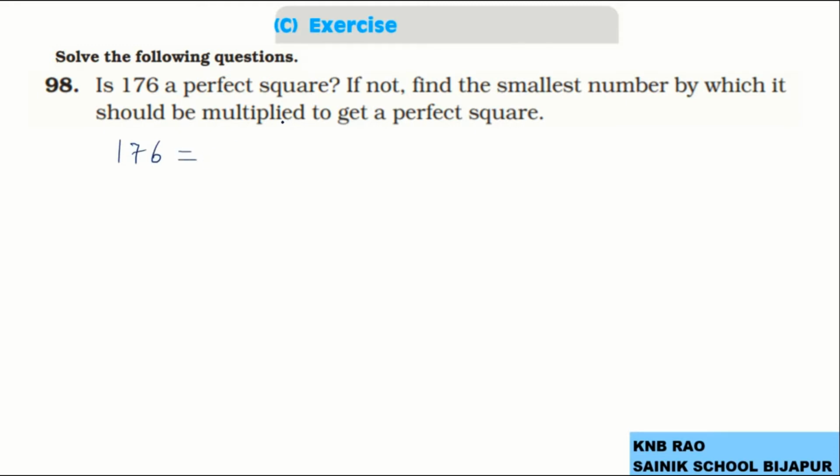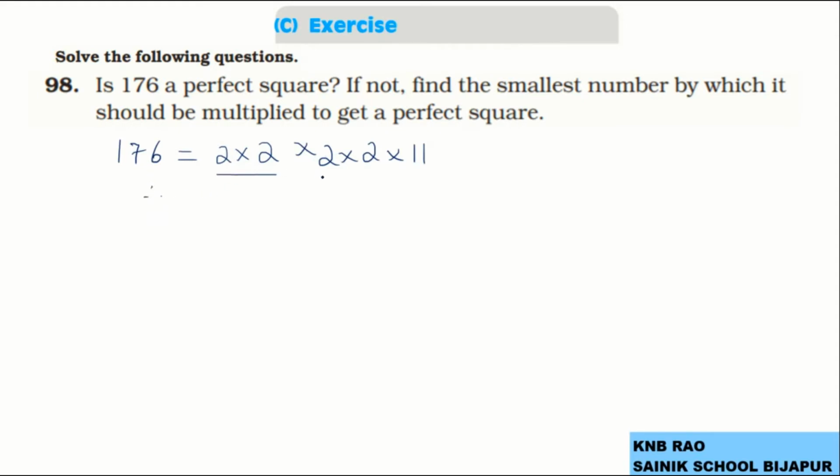prime factorize 176. The prime factorization of 176, you know how to do it. It will be 2 into 2 into 2 into 2 into 11. That means it is not a perfect square. Why?